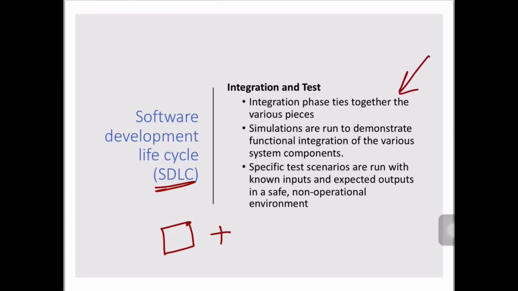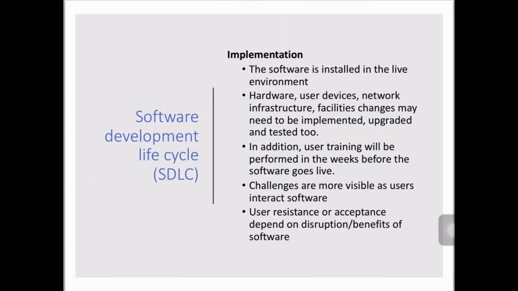We ask the people to test with the real use case, and if they are satisfied with that, then we go towards the implementation or deployment of the software. We install the software, we test with real hardware, we offer people training, and we see whether there are any issues.